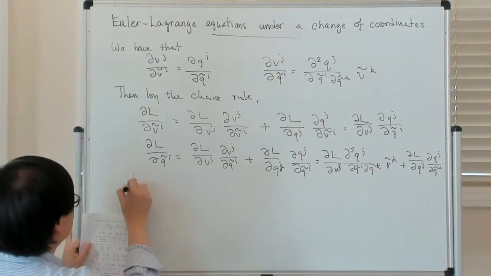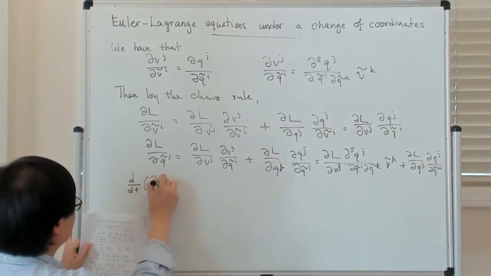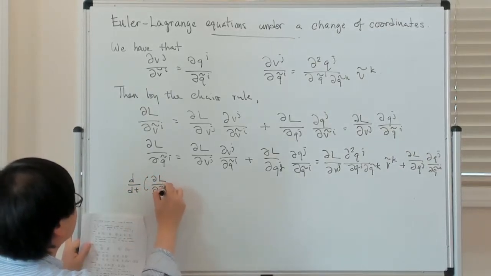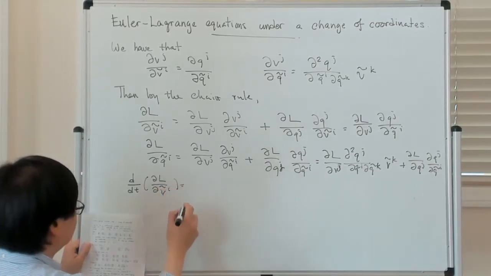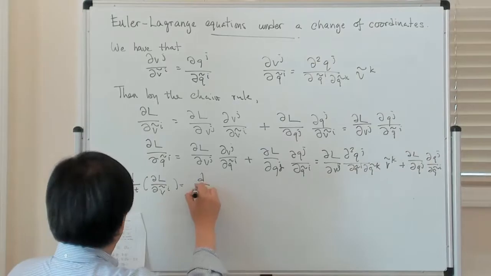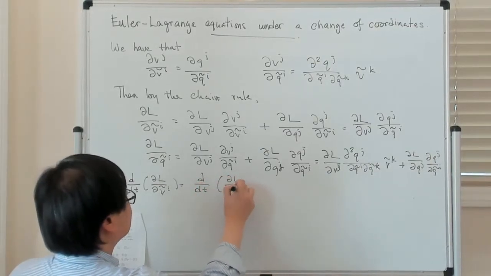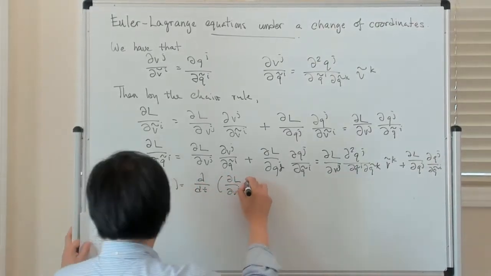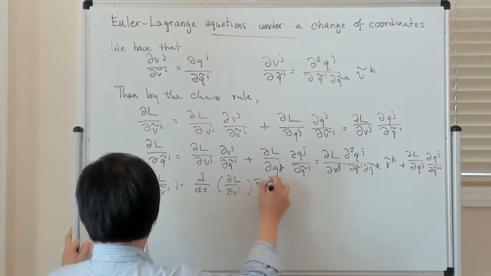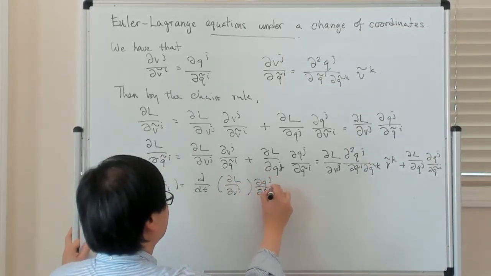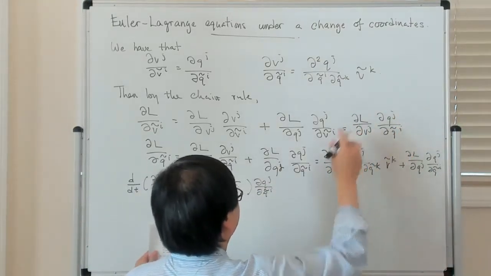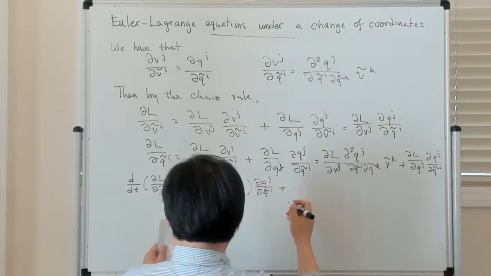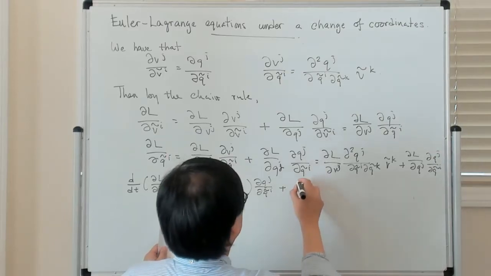derivative d/dt of ∂L/∂ṽ_i is equal to the time derivative of ∂L/∂v_j multiplied by ∂q_j/∂q̃_i. So this is just the product rule, right? So I'm taking the total time derivative of this thing, and I'm using the product rule, right?